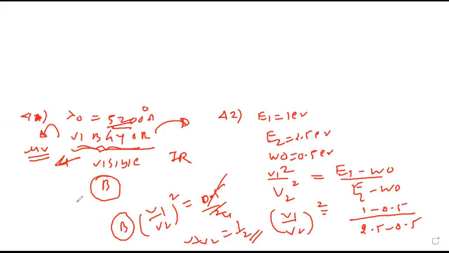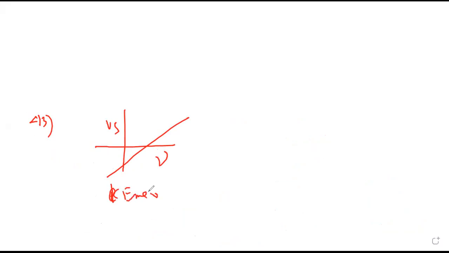None. Okay, 44. The slope of the stopping potential versus frequency graph is this. Ke max is h nu minus work function.